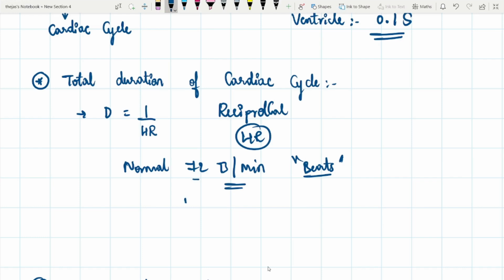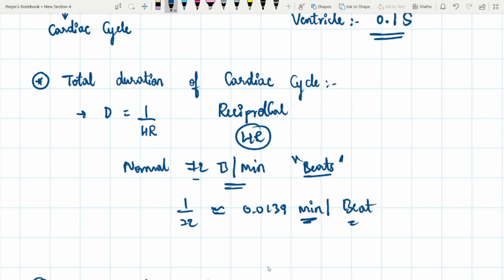Now put 72 under 1. It's almost equal to 0.0139. Remember this unit: minutes per beat, just the reciprocal of the earlier unit.